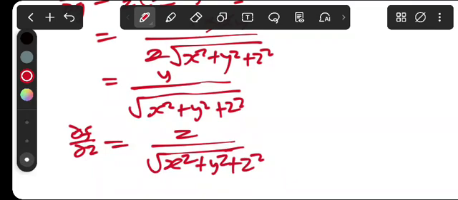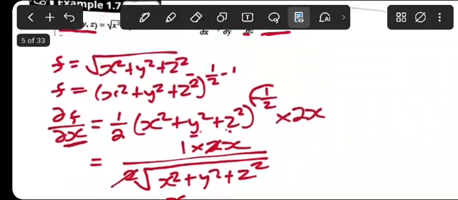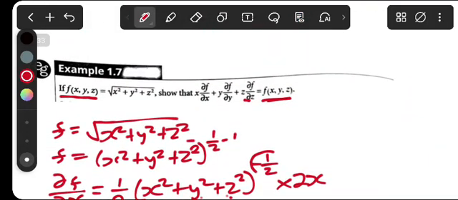They said they want us to prove this now. To prove this, you multiply this one by x, that one by y, and that one by z, and we're supposed to show that it equals this.